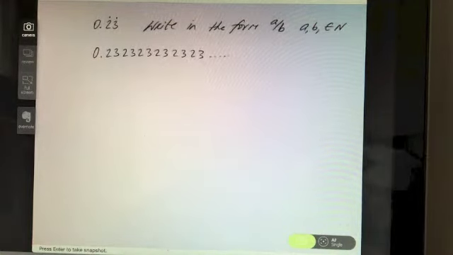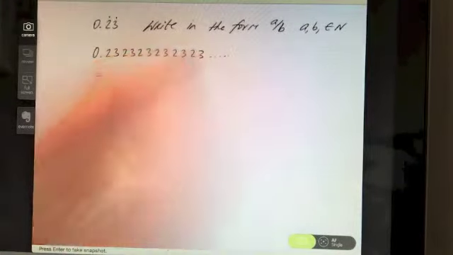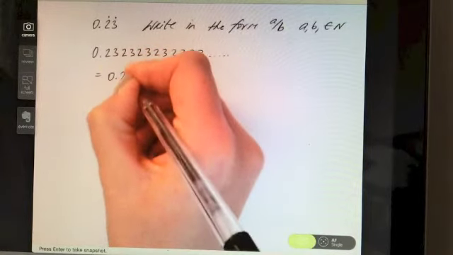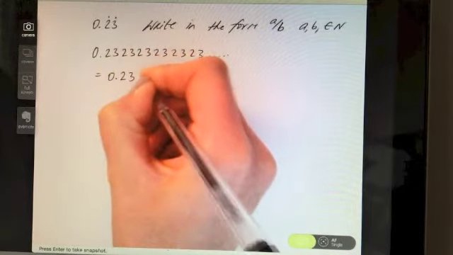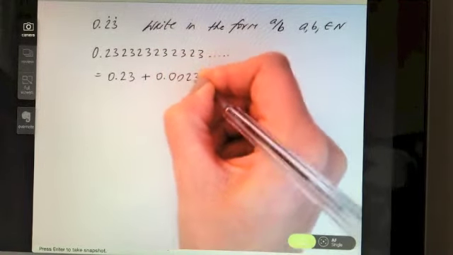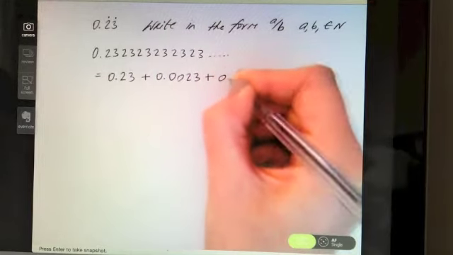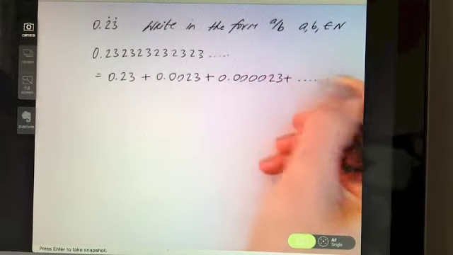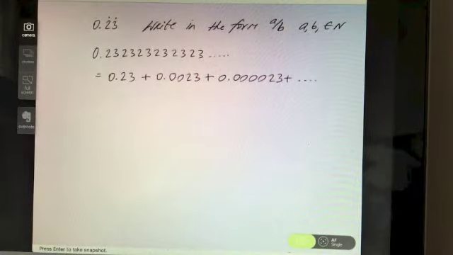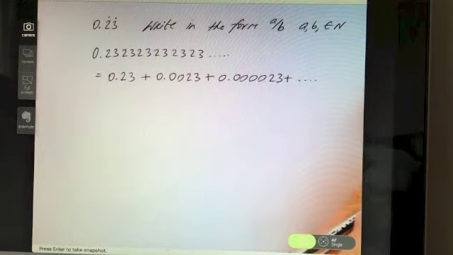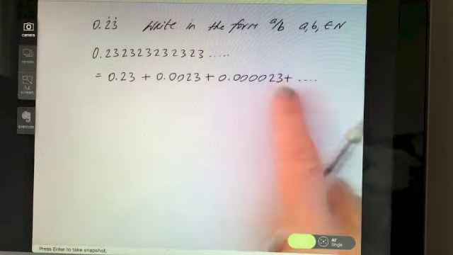If we were to break this up into a series, I could write it as 0.23 plus 0.0023 plus 0.000023 plus, and so on, continuing on. Now that I've written it out like that, it's going to continue on to infinity.